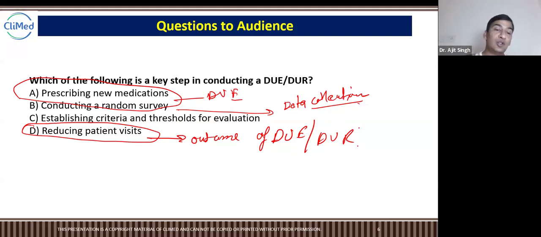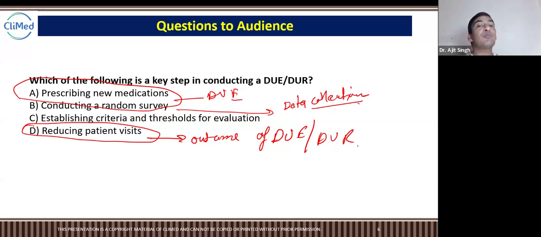When we talk about the methodology, there are multiple methodologies, as you know in statistics. There are simple statistics where you find the frequencies and percentages, and then there is inferential statistics where you look for correlations and associations, and you apply the chi-square test, the regression, the survival analysis, the high-end statistical tests, right?